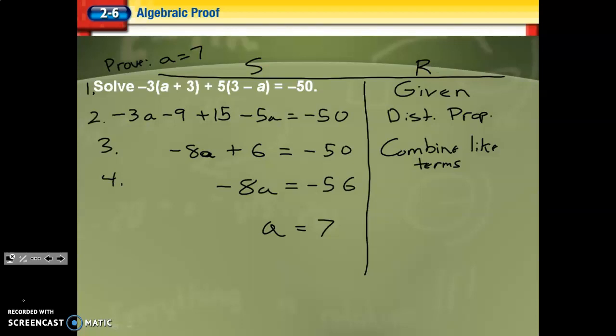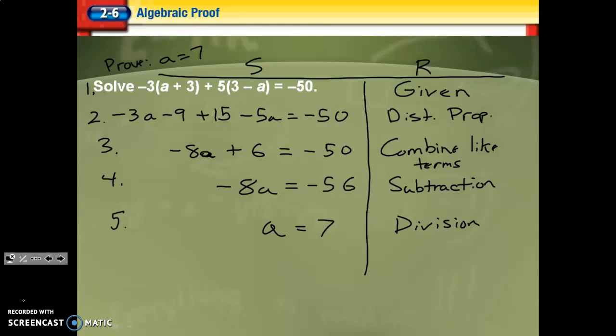Well, we subtracted 6. So we use subtraction. And then what did we do from step 4 to step 5? We divided by 8, so we used division. And in this case, even though that's not what you started off, we want a equals 7, so we proved that a equals 7 in this problem.